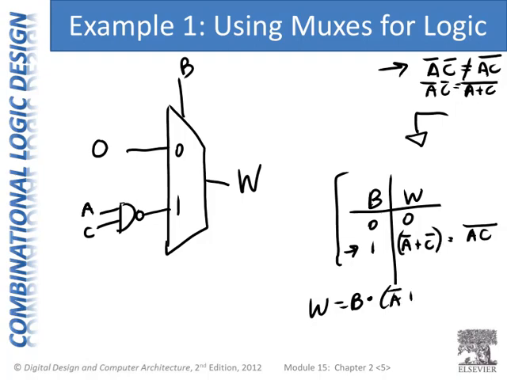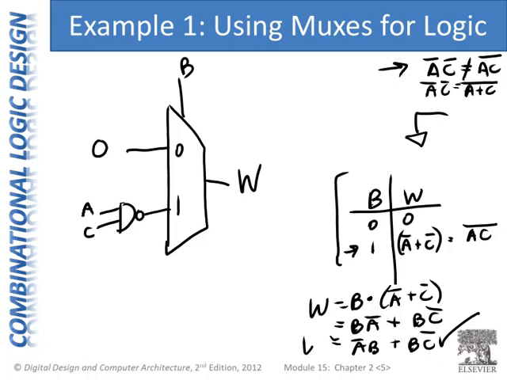A bar or C bar, we end up with B, A bar, or B, C bar. Or in alphabetical order, A bar B, or B, C bar. And so we've reduced it repeatedly until we got back to the gate level form of the function.